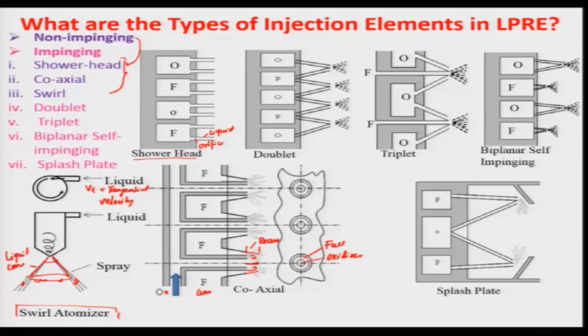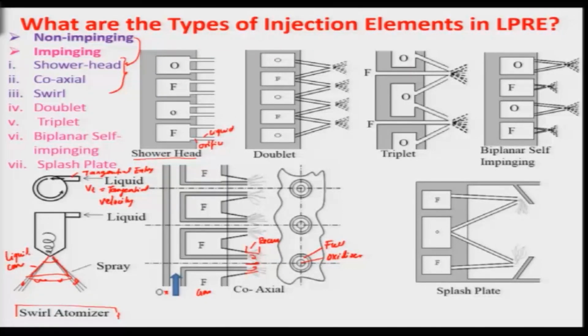Keep in mind that the tangential velocity can be imparted in various ways. One can use a screw, one can use a tangential entry, this is your tangential entry, and a swirler can also be designed with a proper swirling angle, so that it can give a very good spray.